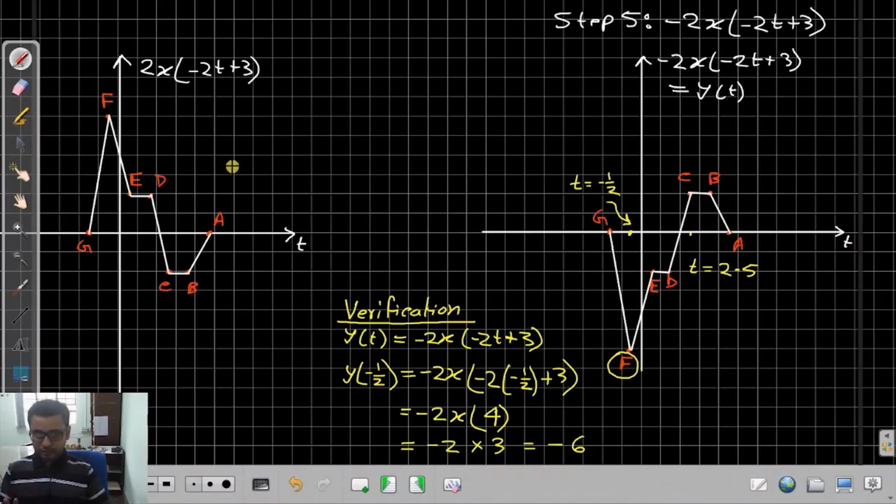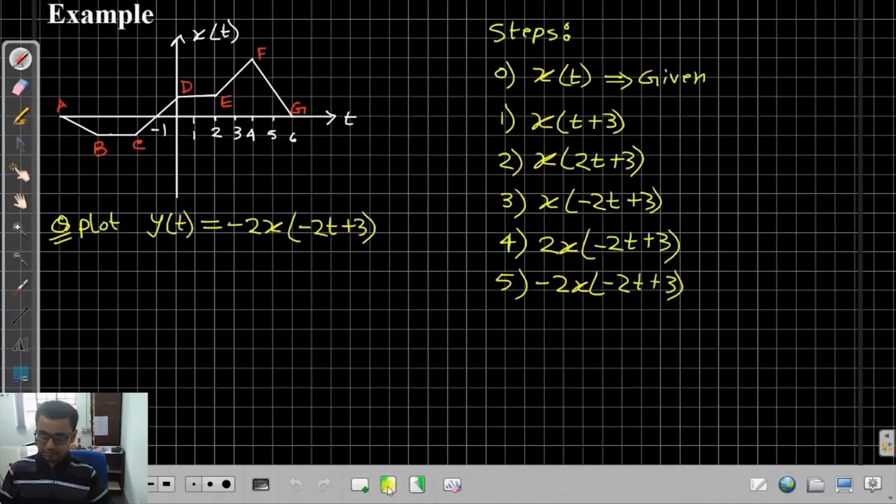Now let me just go back. So we have followed these steps. Okay, we started from the original graph, then we applied this, which is called time shifting, where t is replaced by t plus 3.